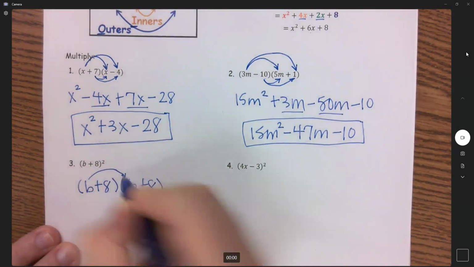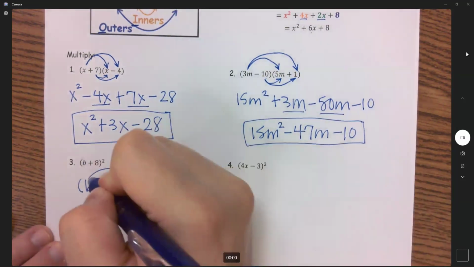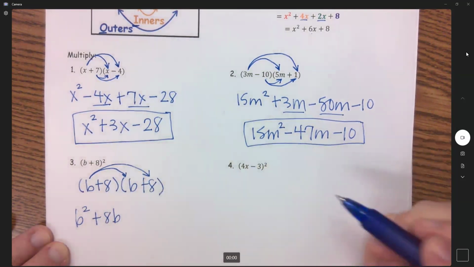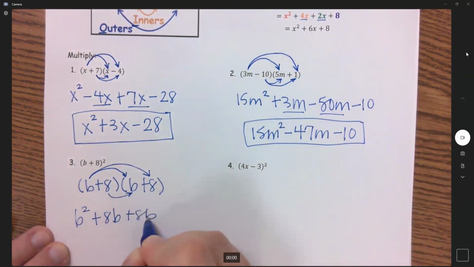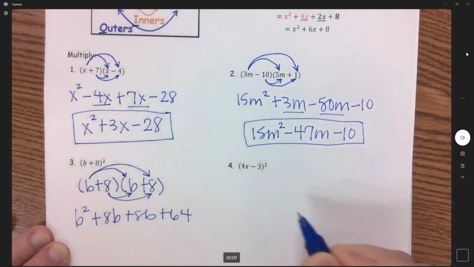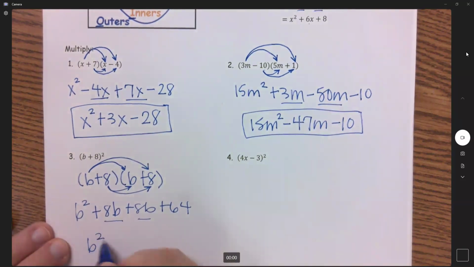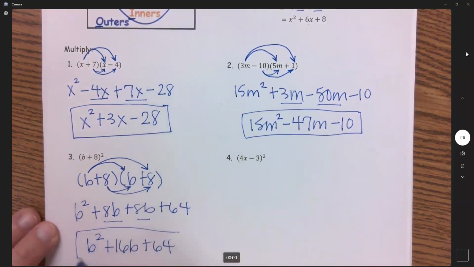So b times b is b squared. b times 8 is 8b. 8 times b is 8b. And 8 times 8 is 64. Combine your like terms, and we get b squared plus 16b plus 64.